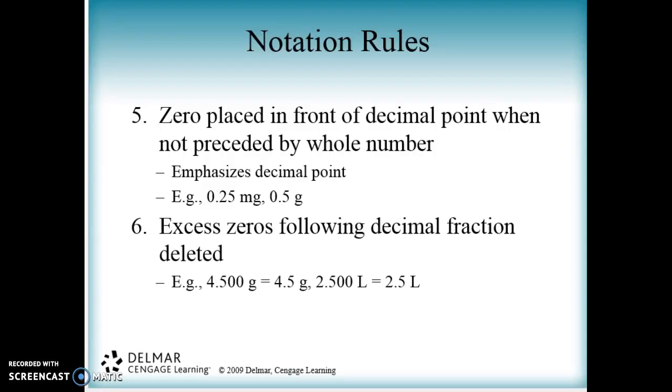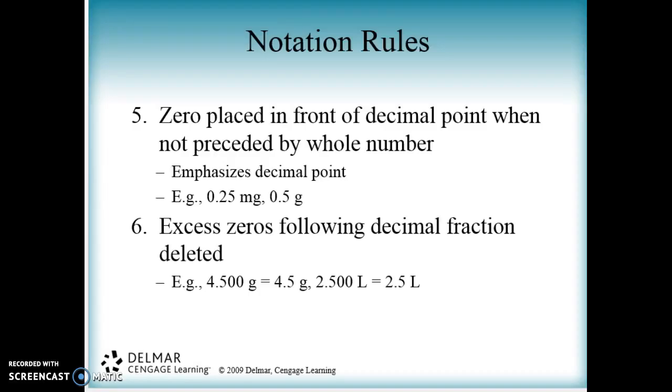If we have just a fractional piece, in other words, there's no whole number part, we do always put a 0 in front of that decimal point, and that's so that we don't miss it. We don't want to mistake that decimal point for just a spot or something, because that could be detrimental to our calculations.